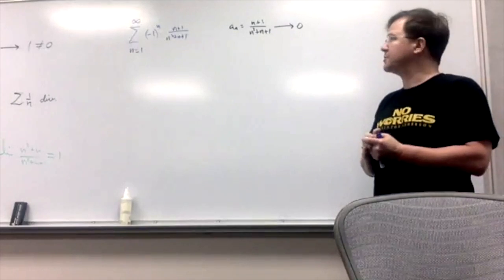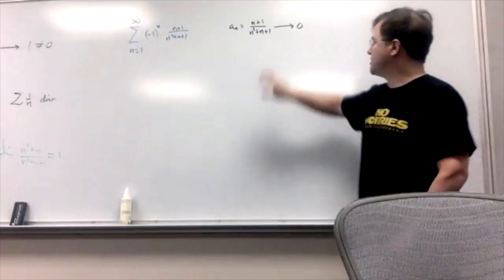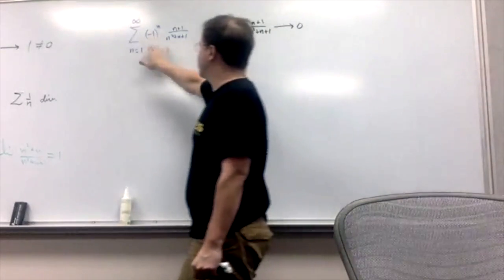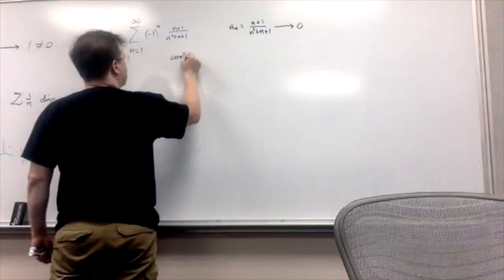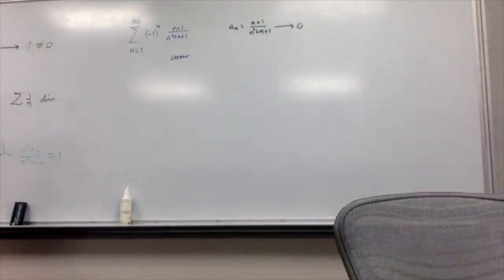So all you have to do is show that the positive part that isn't alternating goes to zero. And that's a simple exercise from differential calculus. So because that goes to zero, and because it's alternating, this series converges by the alternating series test.